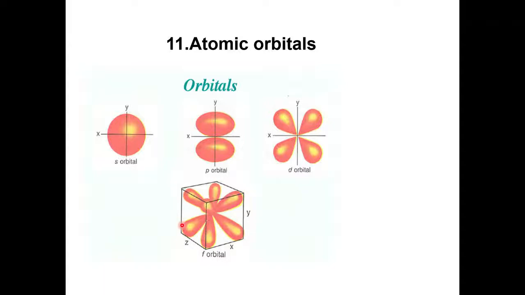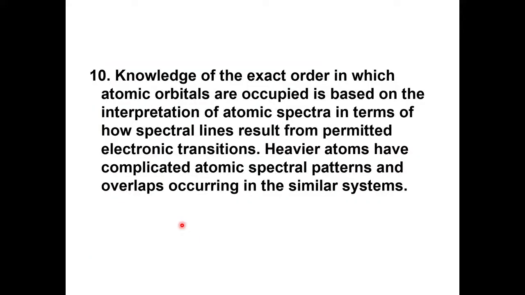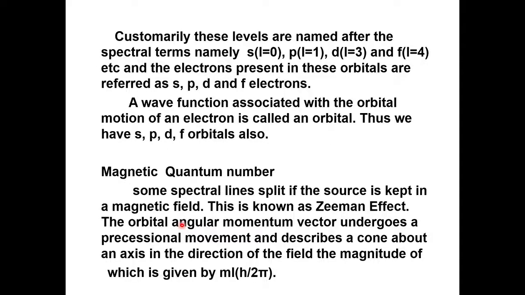Okay. Now, we were here, I can also describe another quantum number, that is the magnetic quantum number. The reason for this definition is that some spectral lines split if the source is kept in a magnetic field.